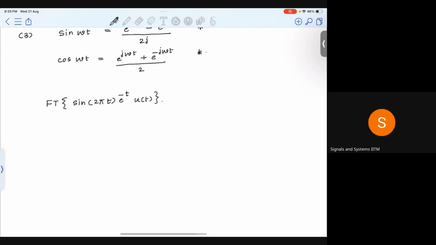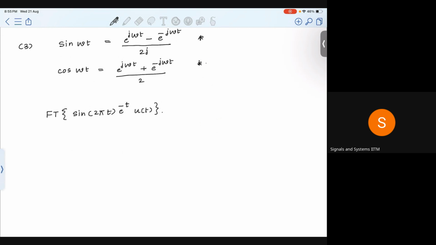We know two ground rules. One is sin 2πt can be represented in this form, and the other is that the Fourier transform of e^{-at} u(t) is nothing but 1 by (jω plus a). From here onwards, things are simple. We know these two ground rules, apply them.